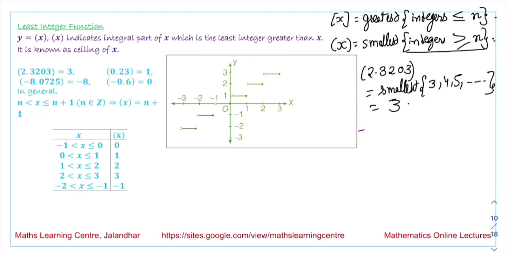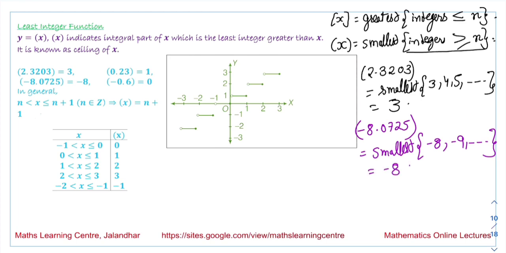Suppose we are talking about the value minus 8.0725, the least integer is the smallest of all the integers which are greater than or equal to this number, so they are minus 8, minus 9 and so on. The answer we are obtaining is minus 8. Suppose I am talking about the least integer of say minus 1, it is the smallest of all the values, that is minus 1, 0, 1, 2, and the smallest of all these values is equal to minus 1.